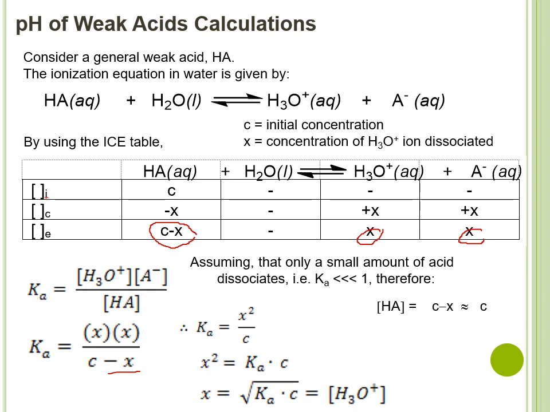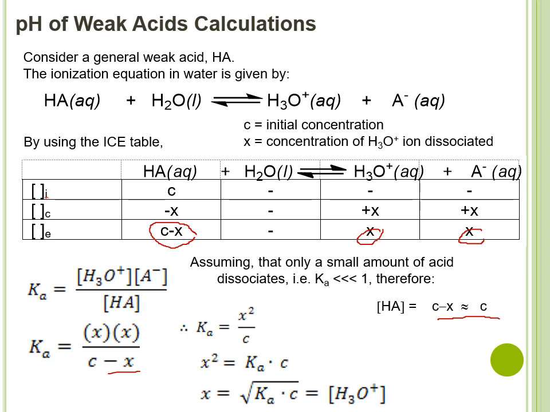Assuming that only a small amount of acid dissociates, whereby Ka is very minimal, less than 1. Therefore, C minus X can be assumed as C. It's the same as C because it's very near to C because X is very small.